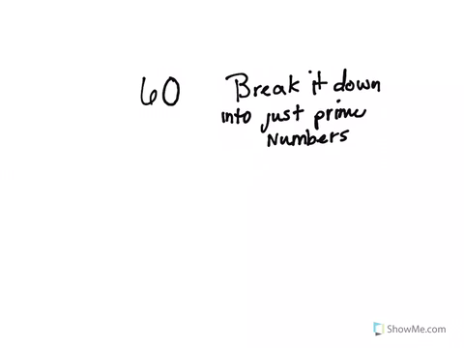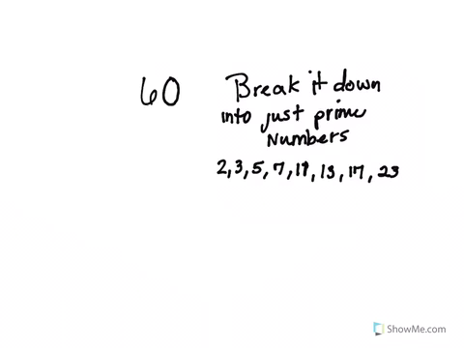Well, in order to do that, we have to divide it by prime numbers. So let me list some of those out again. So we can only divide 60 by numbers that go into it. So you got to think to yourself, does the number 2 fit inside of 60? 3, 5, 7, 11? I can tell you for sure, nothing times 7 gives us 60, not a whole number. Nothing times 11 gives us 60.